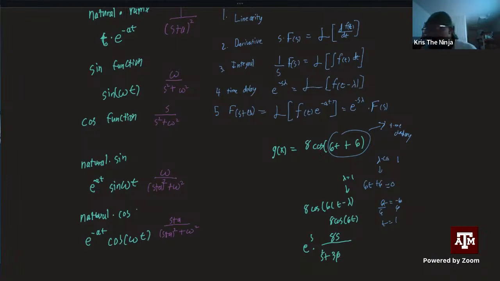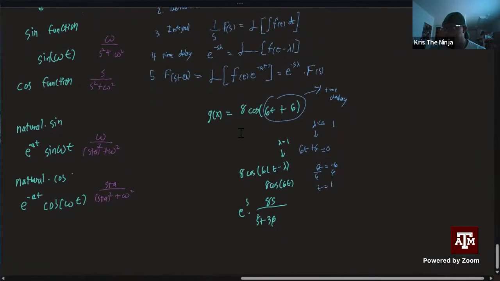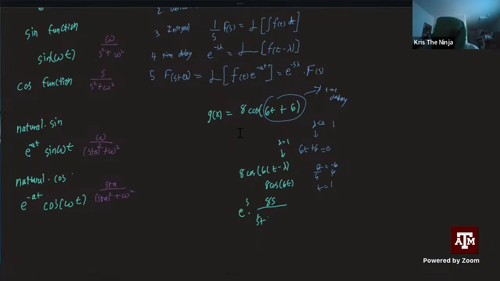Everybody's hopefully being able to keep up with this. This is 8 times s over s squared plus omega squared, where omega equals 6.